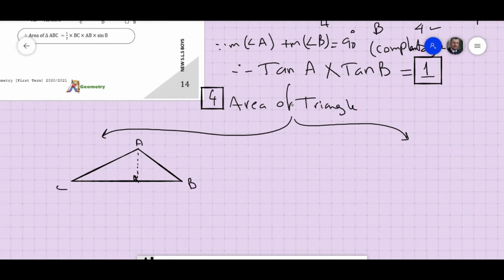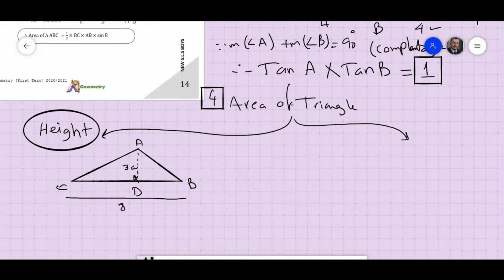ABC is a triangle like that, and AD is the height. So in this case, I have a height in the triangle. This height is 3 centimeters, and the base BC is 8 centimeters. Excellent. We have studied before the area equals half times base times height.